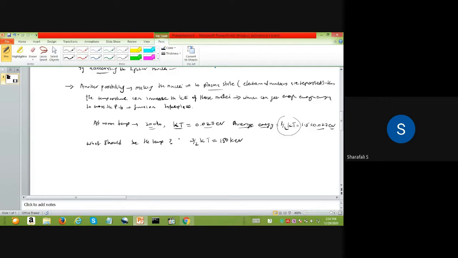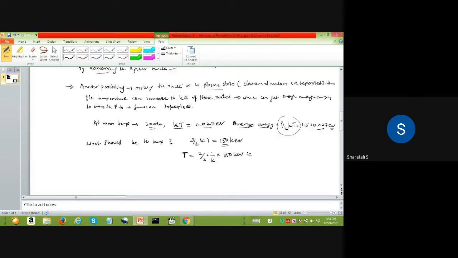So let's say the average kinetic energy given by the temperature in that plasma state is 150 kilo electron volt. Then the temperature will be 2 by 3 times 1 by k times 150 kilo electron volt.